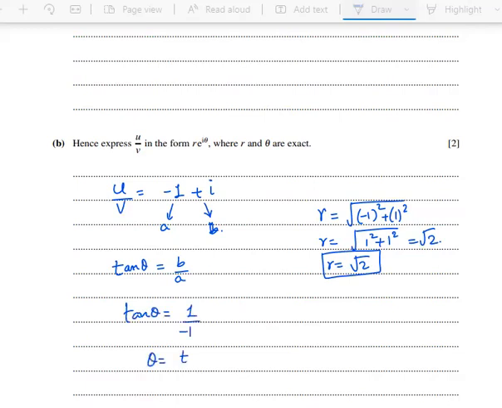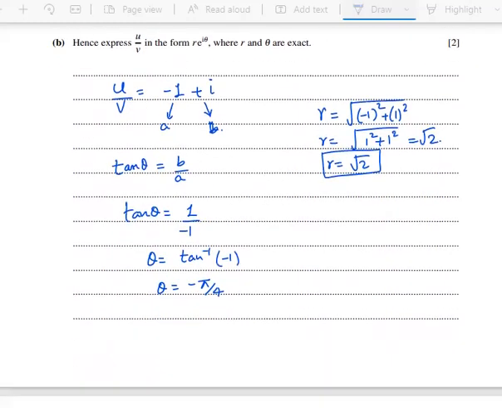Therefore theta equals tan inverse of minus 1, so we got theta equals minus pi by 4. But we know that the principal argument is always positive. So in the second quadrant it is pi plus theta, so pi plus minus pi by 4. So we have theta equals 3 pi by 4.